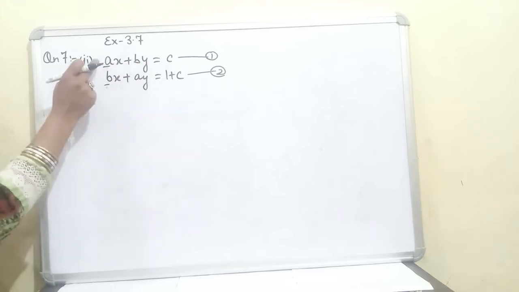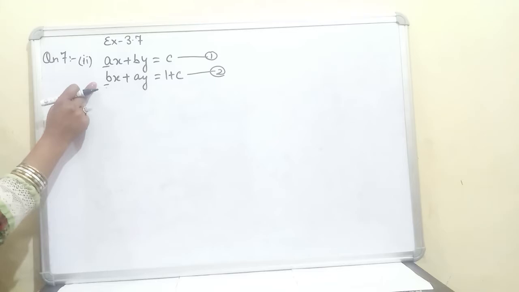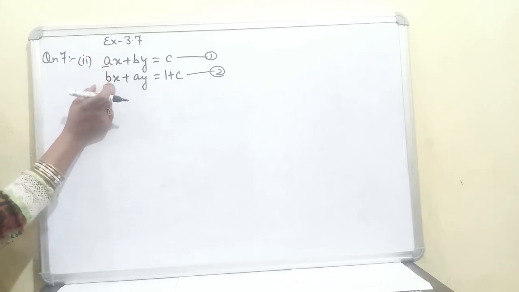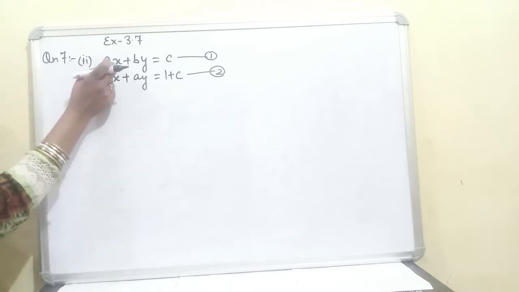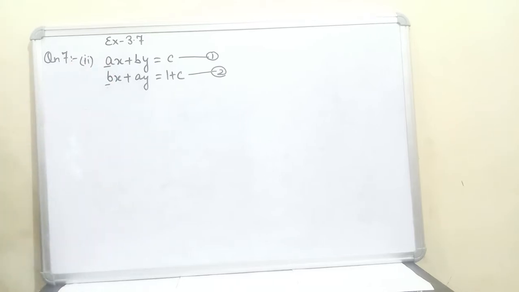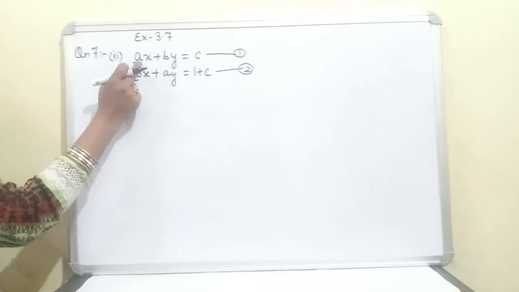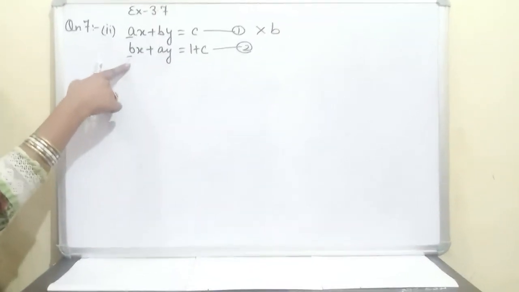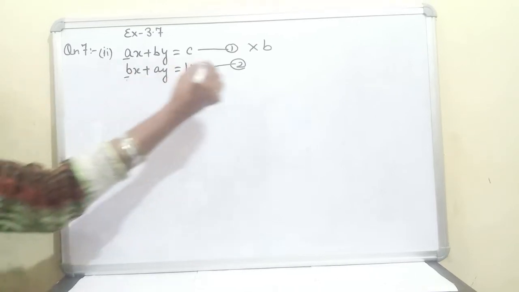So I'm going to eliminate this x variable, and for doing that I want to make these coefficients equal. How will it be possible? If I multiply equation 1 by b and equation 2 by a.